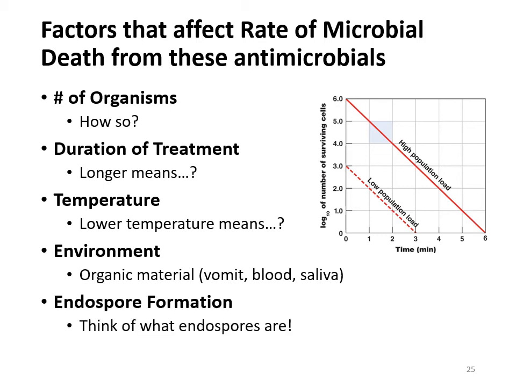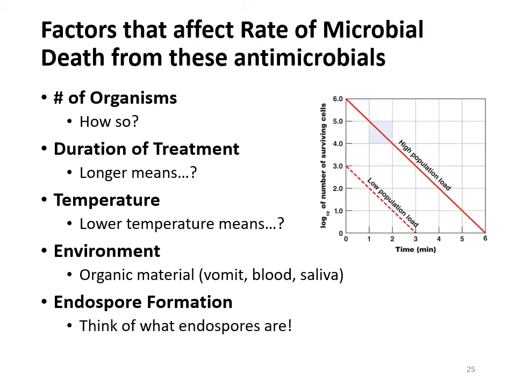Then the last category we have is endospore formation. And for that, you just have to think of what exactly is an endospore. Okay, and we mentioned those are basically those nice protective little escape pods. They're very resistant. So if they're very resistant, then what does that tell you about you trying to kill them with antimicrobials?